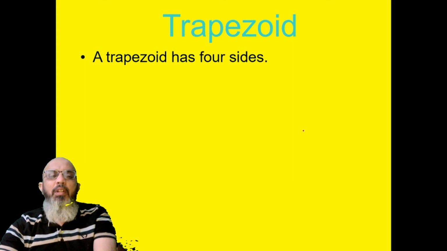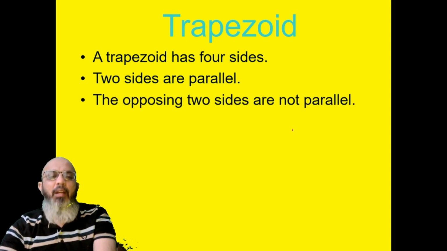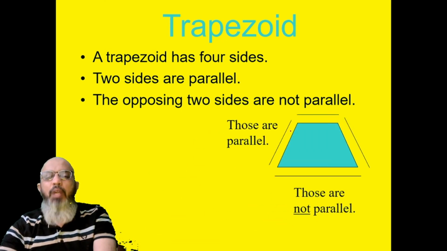So now come to the trapezoid. That is also called a trapezium. A trapezium has four sides. Now what is the difference? In the rectangle and in the square we have two pairs of opposite sides that are parallel, but in a trapezoid two sides are parallel and two sides are not parallel. Just look at the diagram.